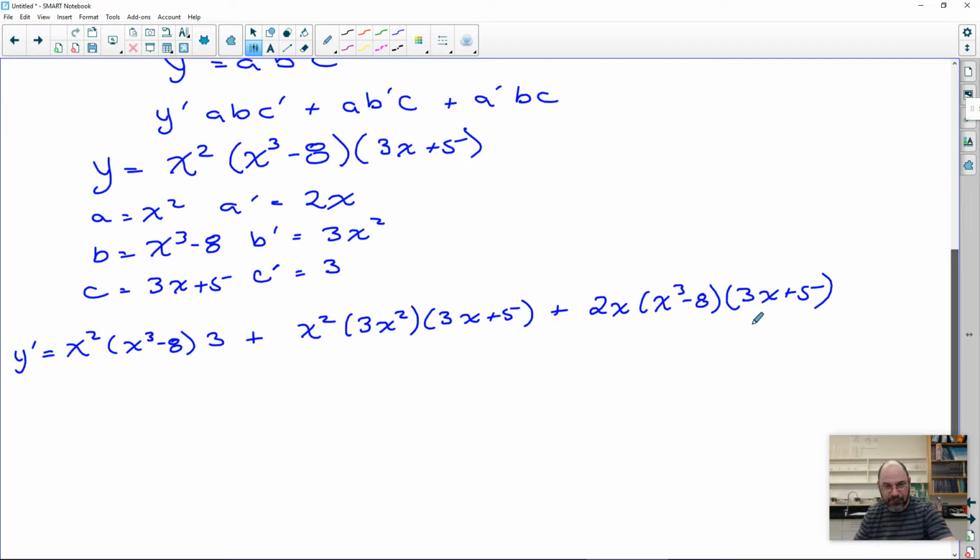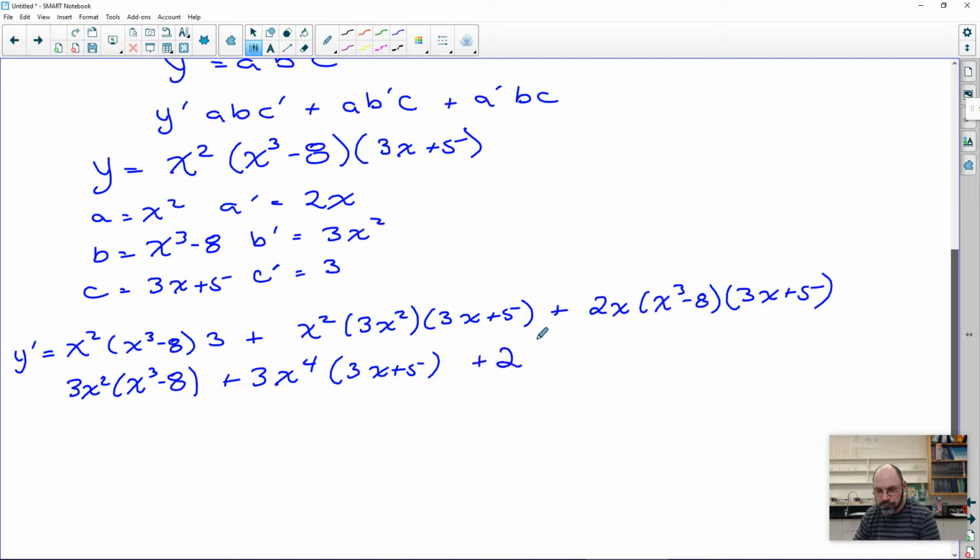Okay, so let's simplify this one because this one's a little bit easier. So 3 times x squared will go 3x squared times x cubed minus 8. This one here we can go plus 3x to the 4th times 3x plus 5. This one, let's do the FOIL over here. 2x. Got to make sure we don't make any errors.